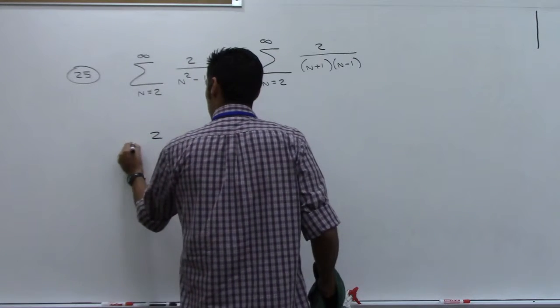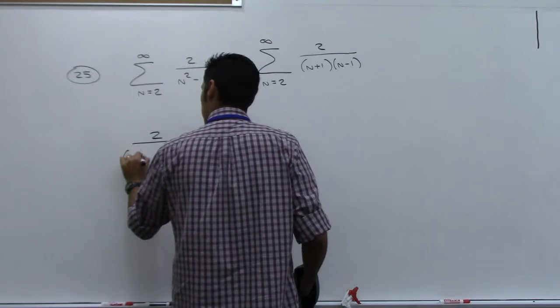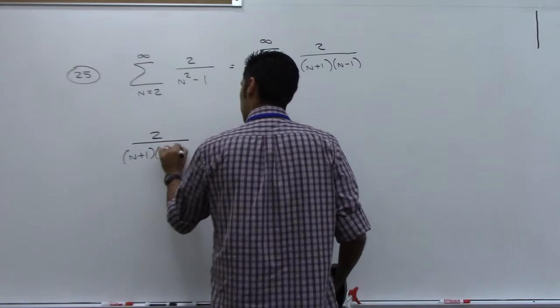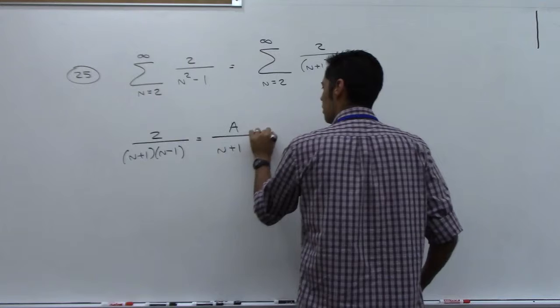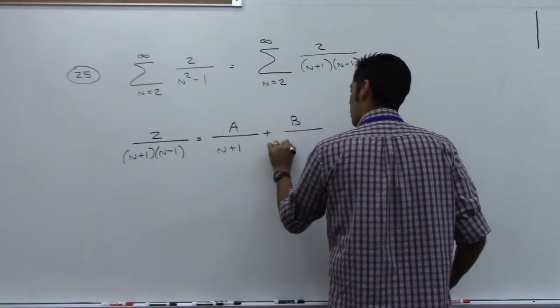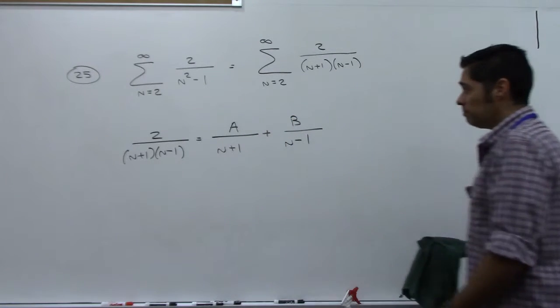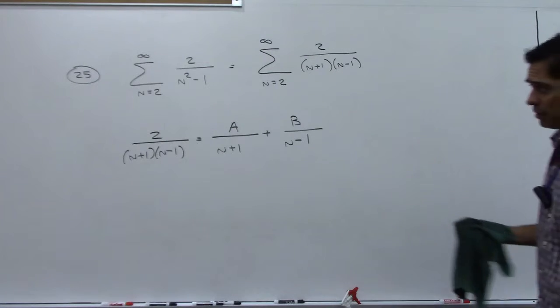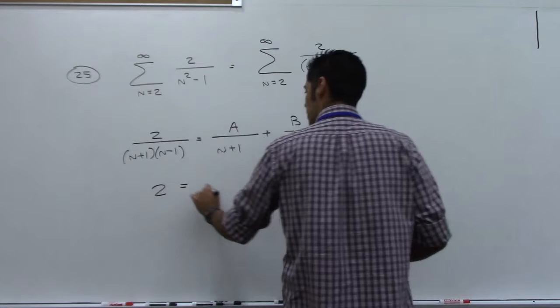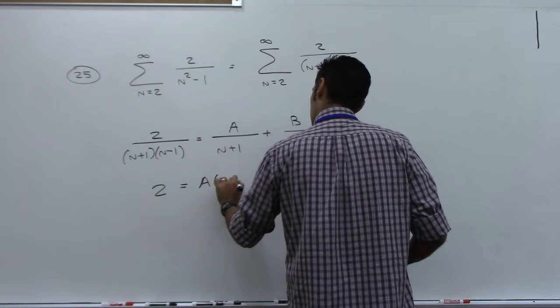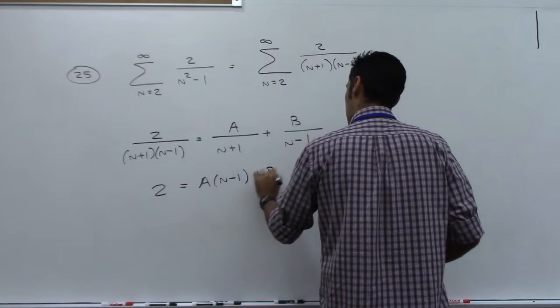I can try and rewrite 2 over n plus 1 times n minus 1 as, I have two distinct linear factors, so A over n plus 1 plus B over n minus 1. We did this when we were doing integration with partial fractions. We go ahead and try and determine what A and B are.